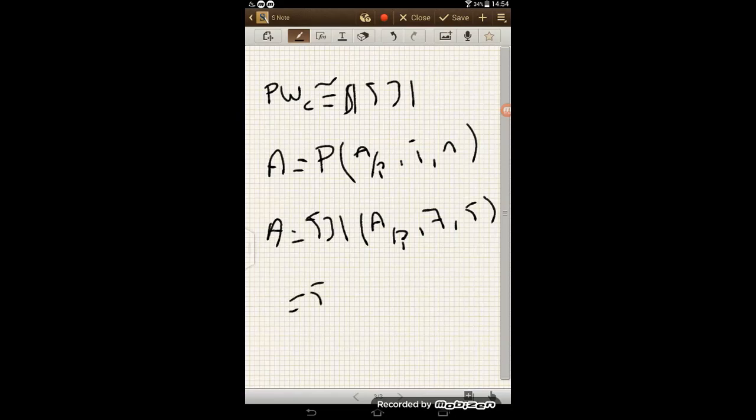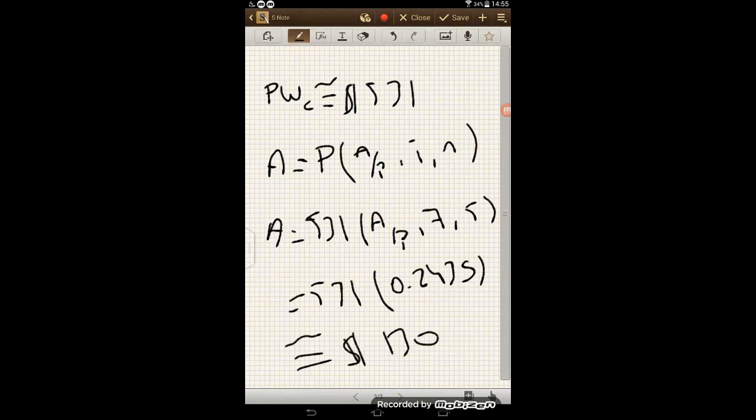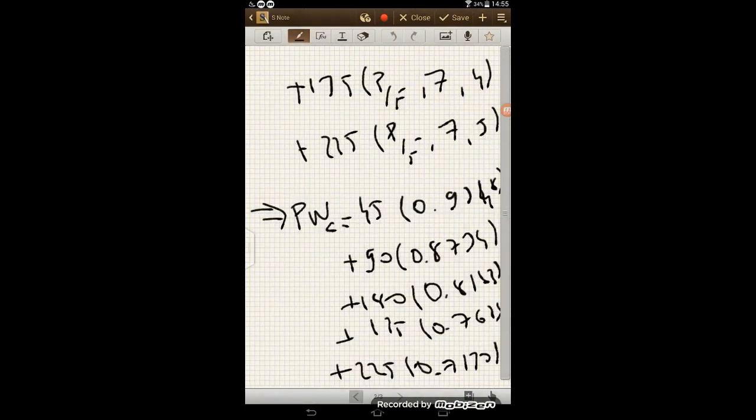Looking at the table, A over P for 5 years is 0.2439, which gives us around $130. If I pay annually, it is gonna cover all 5 years.